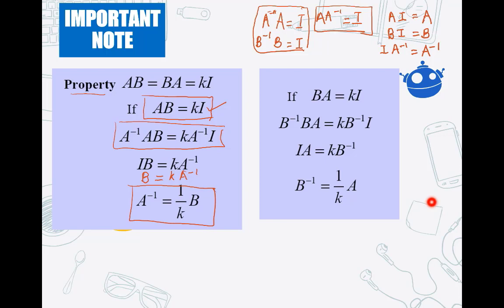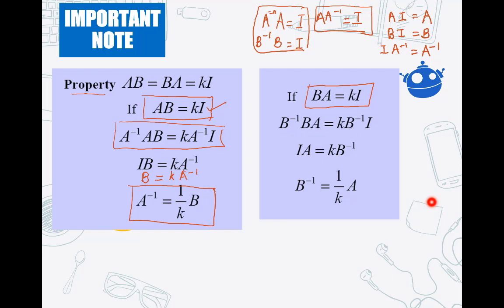Same thing. Let's say we have B multiply A and we get an identity matrix in the form of KI. In this case, we can find B inverse. We can also find A inverse, but let's say we want to find B inverse. The same thing here. When you want to find B inverse, you will be introducing B inverse on both sides.